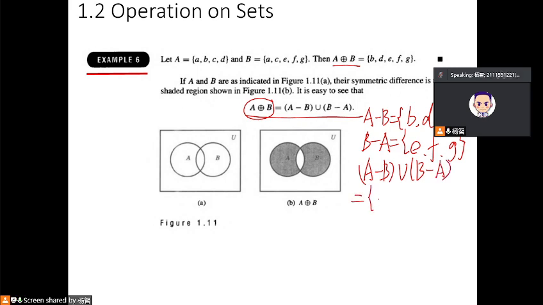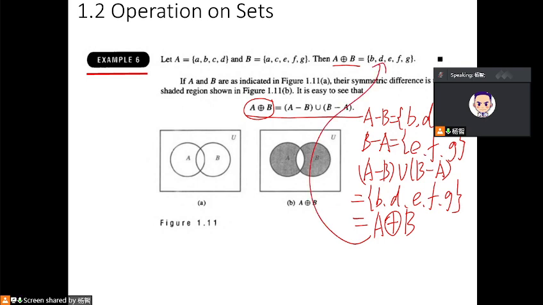B, D, E, F, G. B, D, E, F, G is equal to the symmetric difference between A and B. That's the answer of this example. Is that right? Yeah, okay, Laushi, got it.